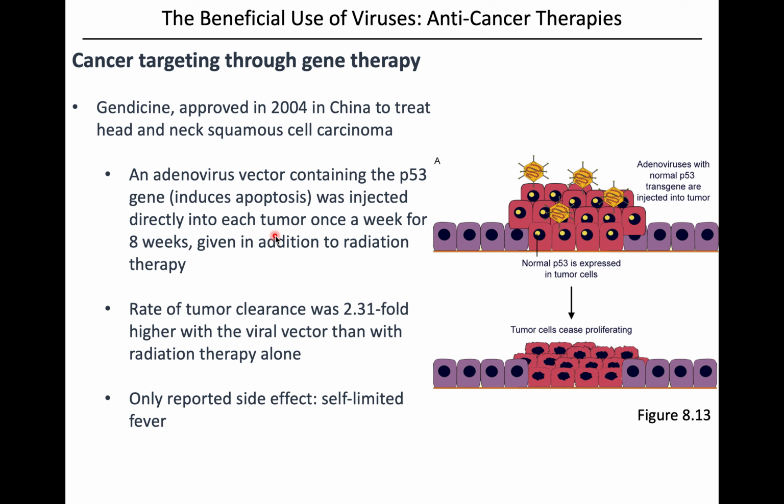In addition to the viral therapy, they were also giving traditional radiation therapy. But this p53 gene often gets mutated in many cancers, especially many head and neck carcinomas. So the idea is the combination of the radiation with the virus is going to increase tumor cell death. And in fact, by adding the virus on top of the radiation, they were getting about twice as much cancer cell death as with the radiation alone.